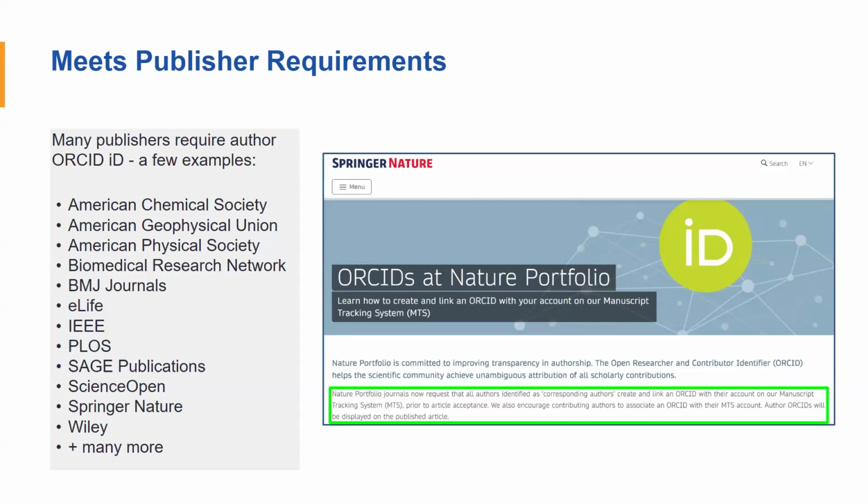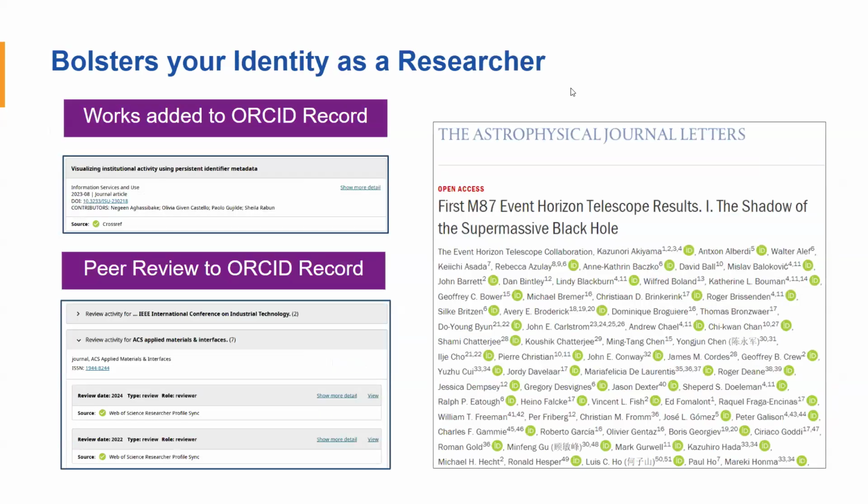As you can see on the next slide, it bolsters the researcher's identity as a researcher, of course. It bolsters your identity as a researcher because, for example, publishers are able to push the publication into your ORCID record. So the works, the publications, can be added to your ORCID record. You're also seeing here a list of authors, right?